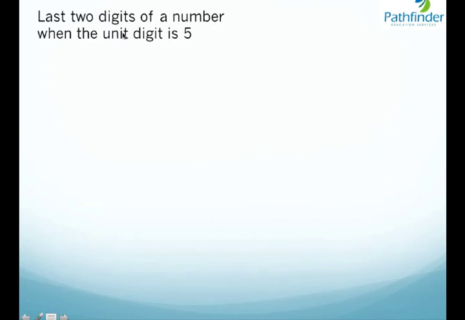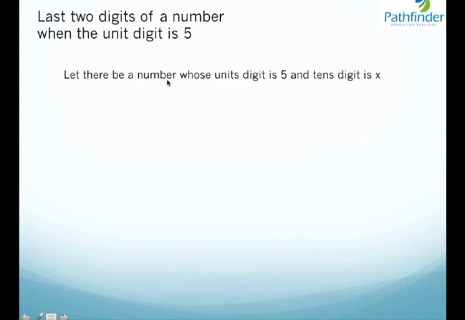So, calculation of the last two digits of a number when the unit digit is 5. Let there be a number whose unit digit is 5 and the tens digit is x, something like this, x5. Now if x is even, that is the tens digit is even, then irrespective of the power you raise the number x5 to, the last two digits will always be 25.